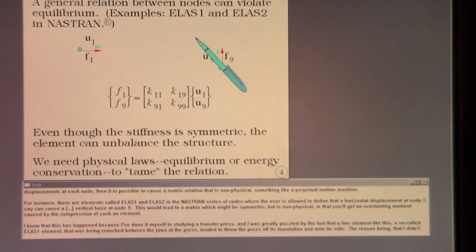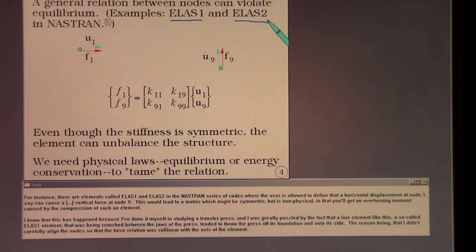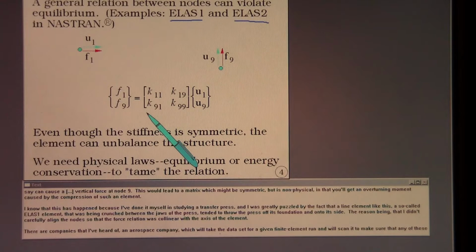For instance, there are elements called ELAS1 and ELAS2 in the Nastran series of codes where the user is allowed to define that a horizontal displacement at node 1, say, can cause a vertical force at node 9. This would lead to a matrix which might be symmetric but is non-physical, in that you'll get an overturning moment caused by the compression of such an element.